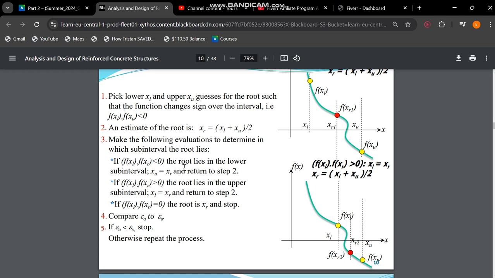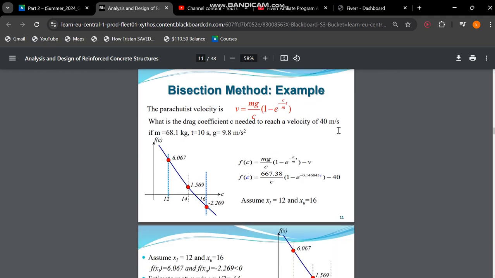If it's less than 0, then the root is in the lower interval. If it's greater than 0, that means it's in the upper interval, and if you hit equal to 0, that means you found the root. Okay, that's how it's done.